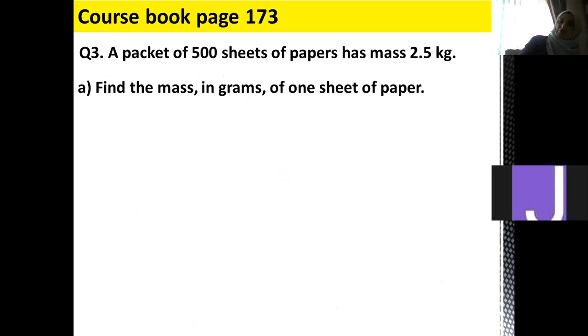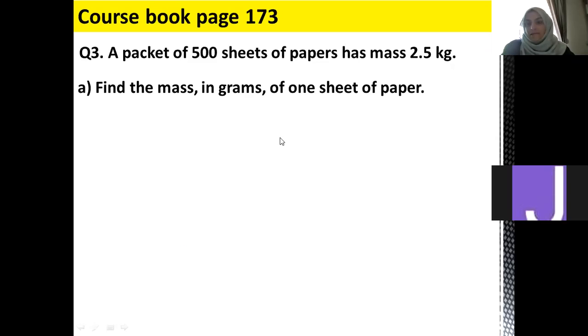Come on, who wants to help in this one? Come on, Taha. Yes, teacher, good morning. Teacher, first thing we are going to divide 500 by 2.5, so we will know the cost of 1 kilogram. That's right. And then?